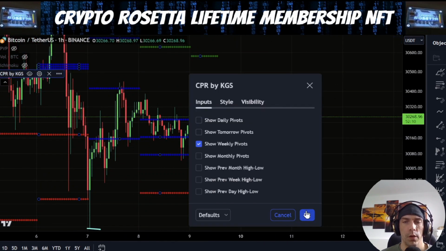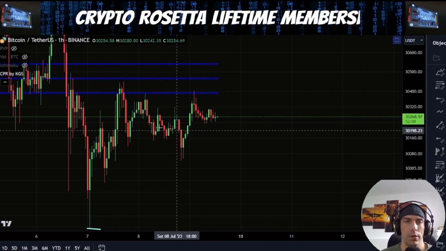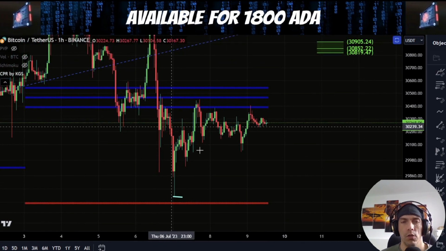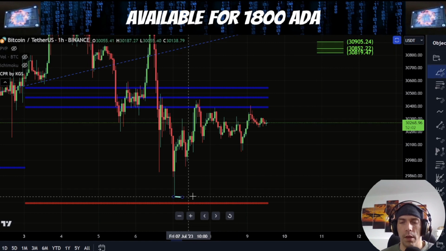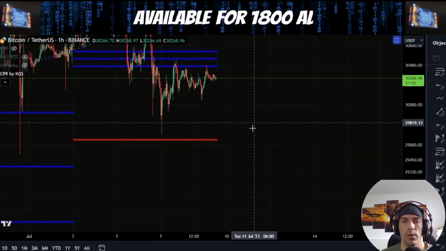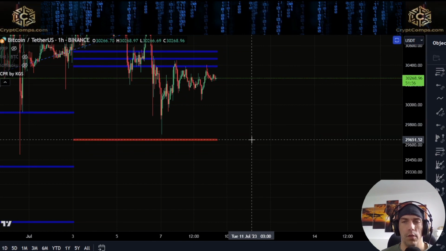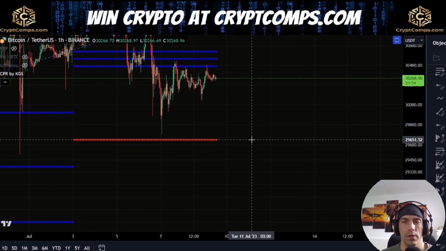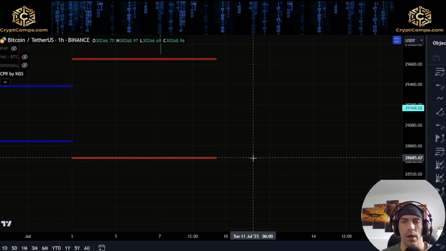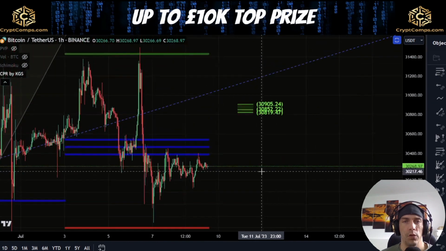Now, as well as that, if we come over here onto the weekly, we can see that we are still currently rejecting off this weekly CPR. So this will get a new one printed as of tomorrow. But if we do actually look to start to break down here, potentially what we could see is price be gravitated into this R1 at this 29,651, and then we also have this R2 down here at this 28,685 as possible target areas.